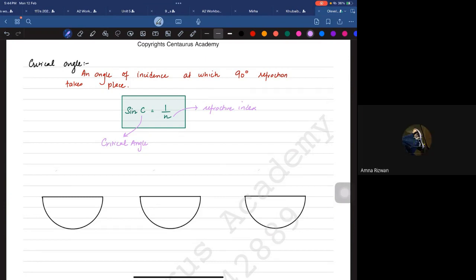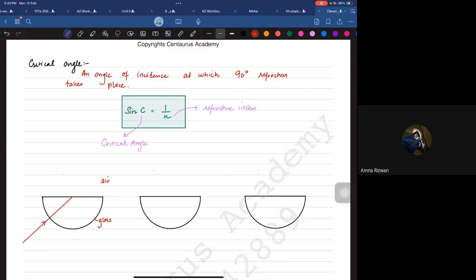Now, we have three conditions. We have three semicircular blocks. All of these are made of glass and air is outside. So let's suppose you have a ray coming in from the rounded part.